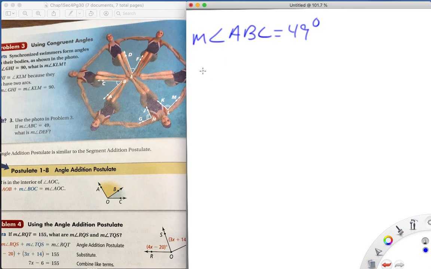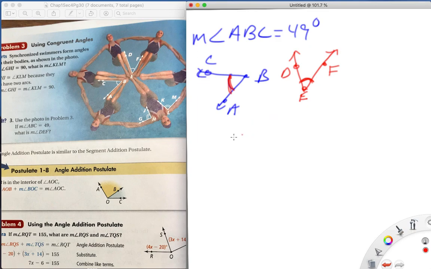If I was to draw the angles, ABC looks like this. Angle DEF looks like this. I have a marking over here, and I have a marking over here. Since they have the same marking, I know that they're congruent because they have one marking.